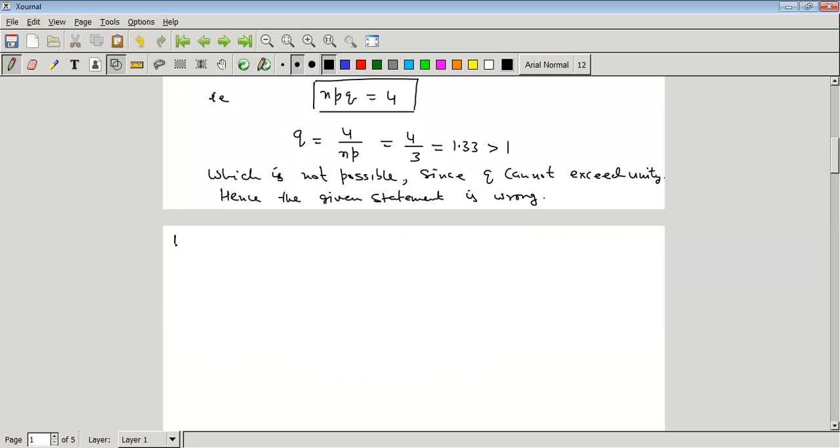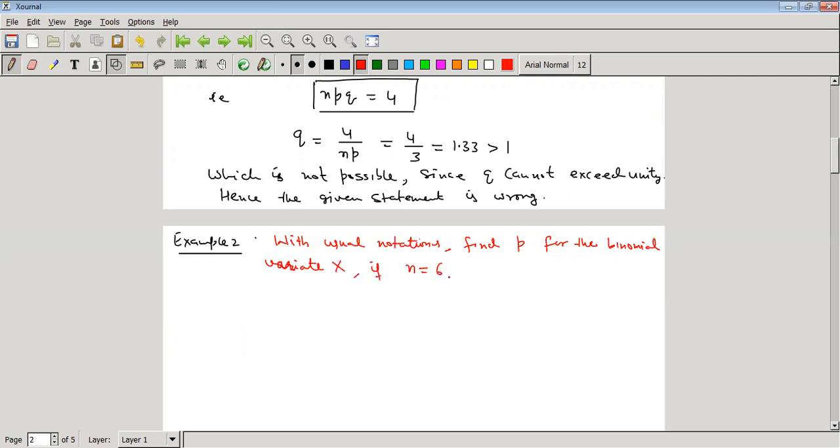Okay. So now example 2. With usual notation, find p for the binomial variate x if n is equal to 6 and 9 times probability of x equal to 4 is equal to probability of x equal to 2.